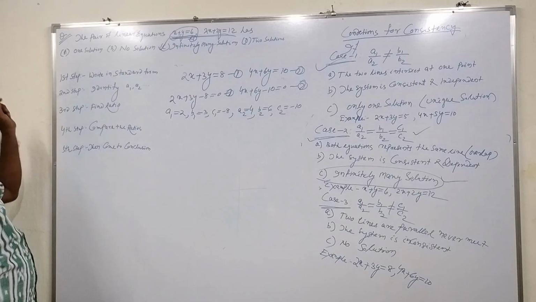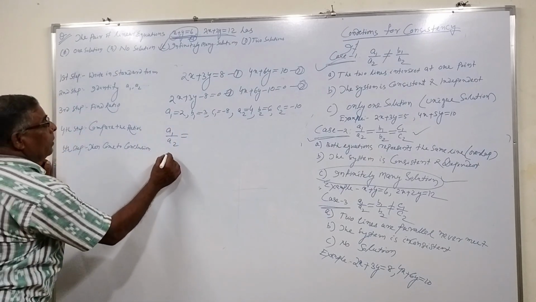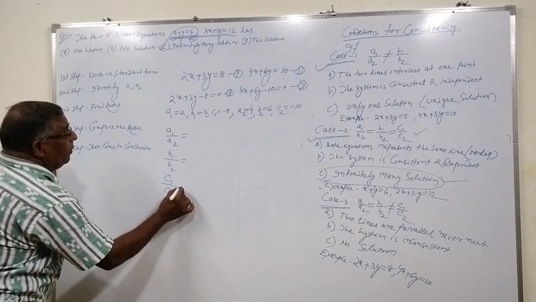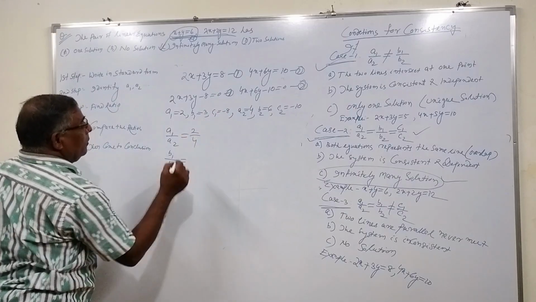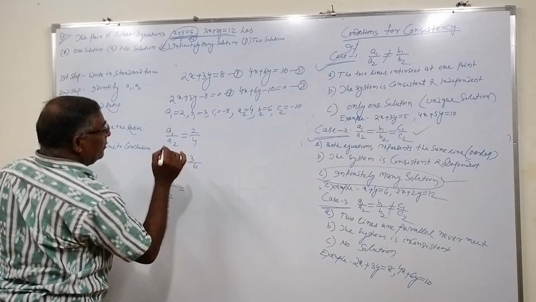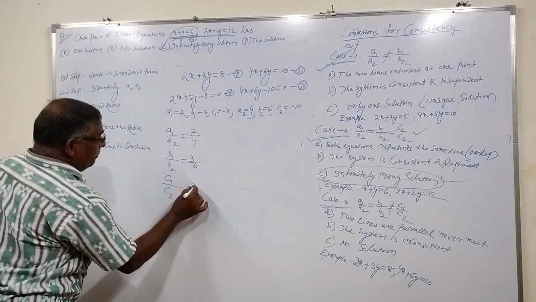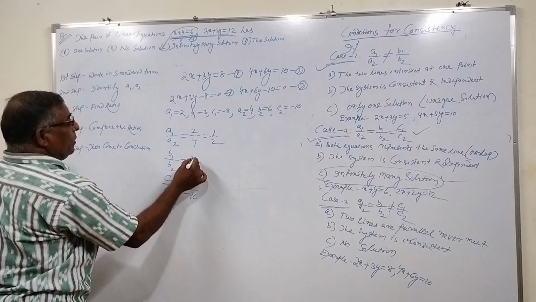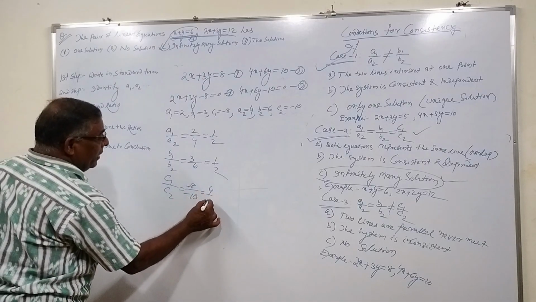Third step, find the ratios. A1 by A2 is 2 by 4 equals 1 by 2. B1 by B2 is 3 by 6 equals 1 by 2. C1 by C2 is minus 8 by minus 10, minus cancels, 8 by 10 equals 4 by 5.